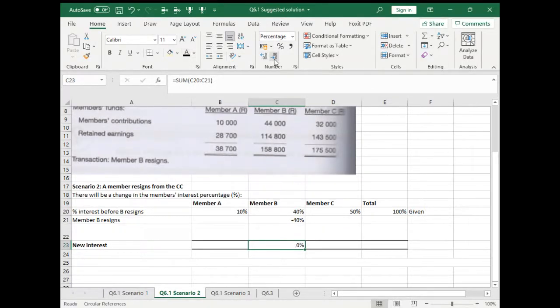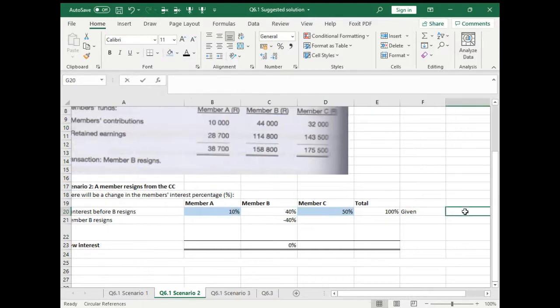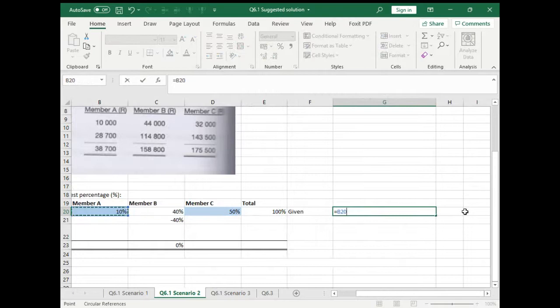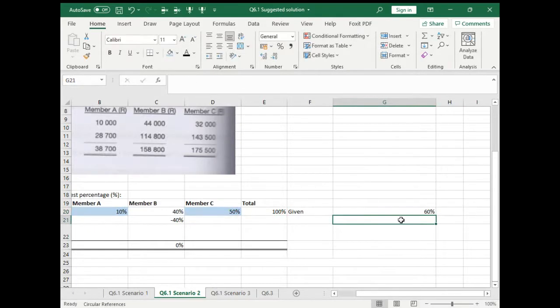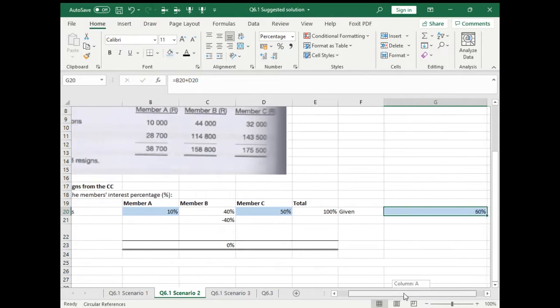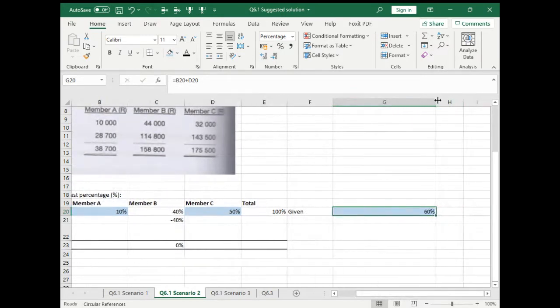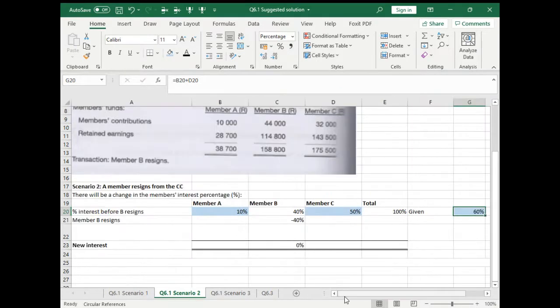Now, to work out how much interest A is acquiring, we know that the remaining interest that is left over after B has left is if you take the 10% and you take the 50%, you get 60% that is remaining. Okay, so now we are going to apportion that 40% based on their current weighting in the CC.